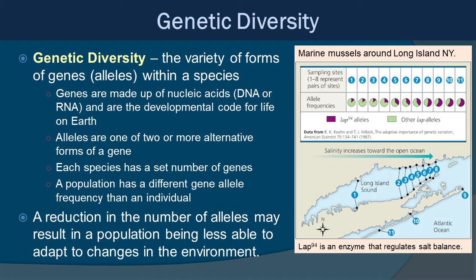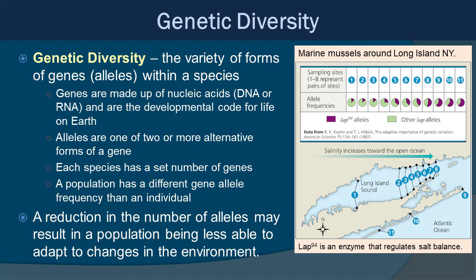Now, if we look at the allele frequency of mussels between all of these study sites, that's exactly what we see. At study sites 1, 2, and 3, the allele frequency for this enzyme, which is LAP94, is actually much lower. That's the purple wedge in the little pie charts for each of the different sample sites.